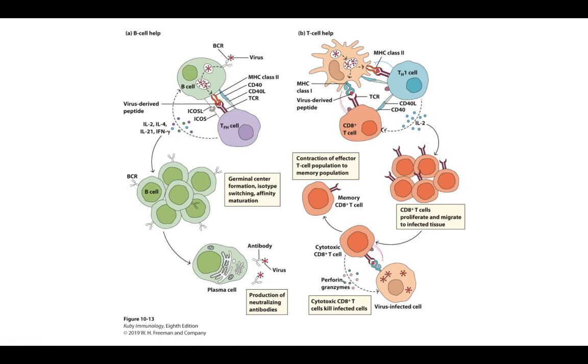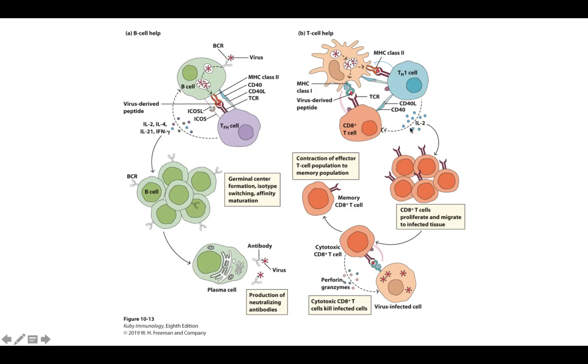T helper cells can also help CD8 positive T cells. A T helper cell, when it gets presented antigen in MHC class 2 and gets co-stimulation, will start making cytokines.